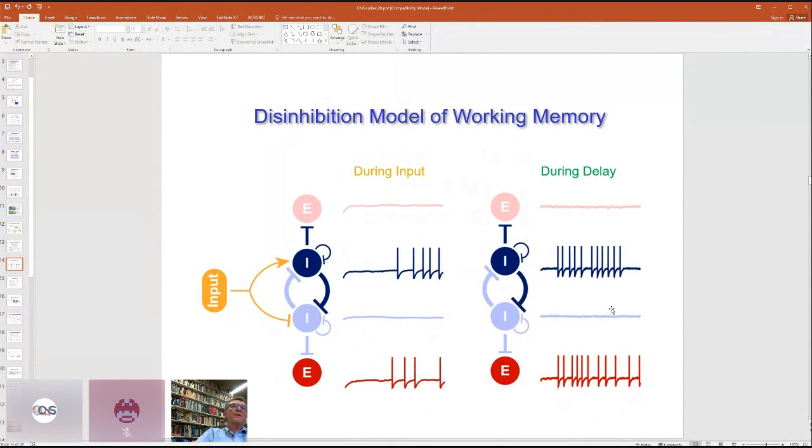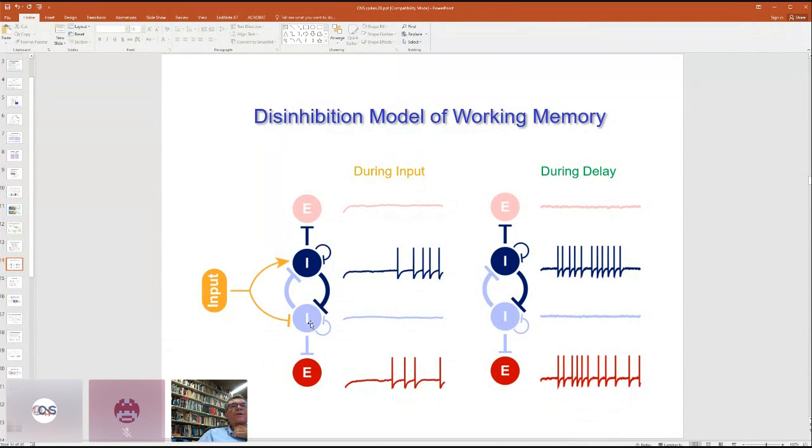And so here is our model that we've extracted from the delayed match to sample network. So the input comes in, and depending on whether it's up or down, one or the other of the inhibitory groups is going to turn on, and because there's mutual inhibition, it's going to turn off the other inhibitory group.